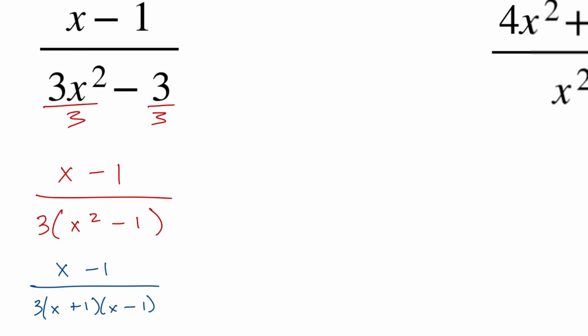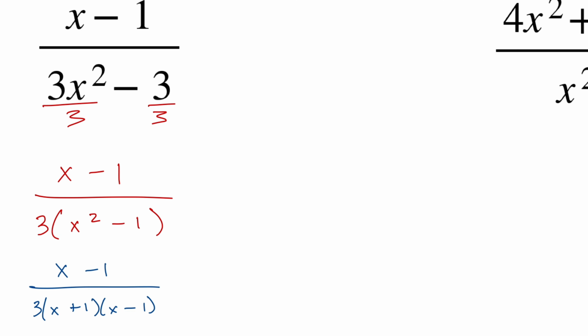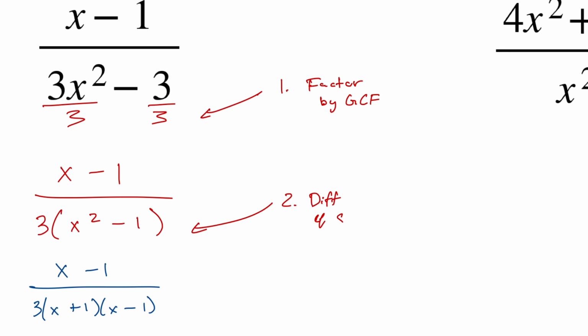Now let me pause here. This is where students get confused on this. Just think about this. First, we factored by GCF, greatest common factor. And then after we did that, and only after we did that, it was revealed to us that there was a difference of squares. Okay? And now if you look at our simplified problem, well, it looks less simplified, but check this out.